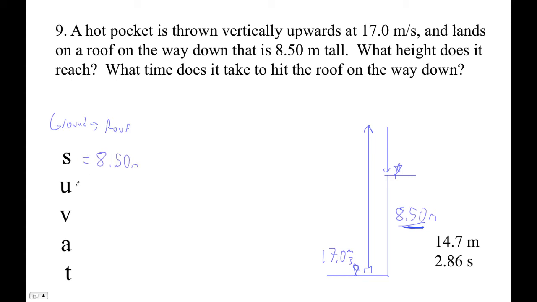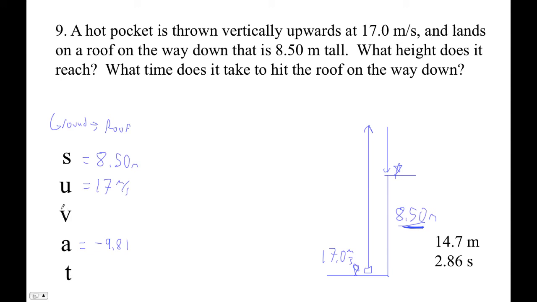Okay, the initial velocity is not 0. The initial is 17, right? The final velocity is not 0. We're not talking about after it strikes the roof. The acceleration is negative 9.81, right? And then we want to find the time. We do have a no v, but to solve it for time in this case would be quadratic.